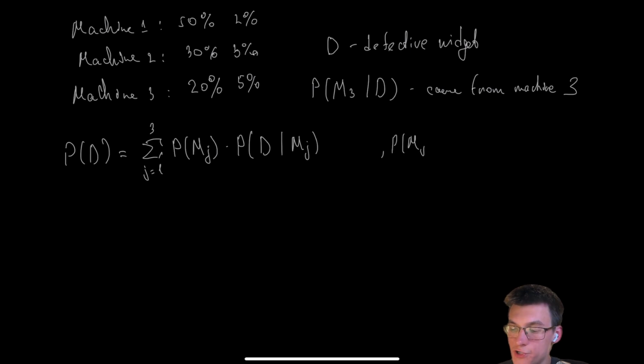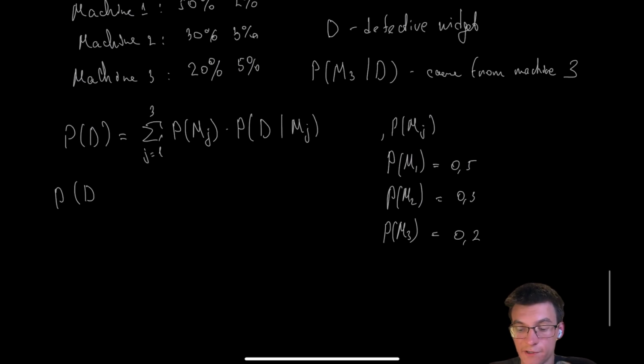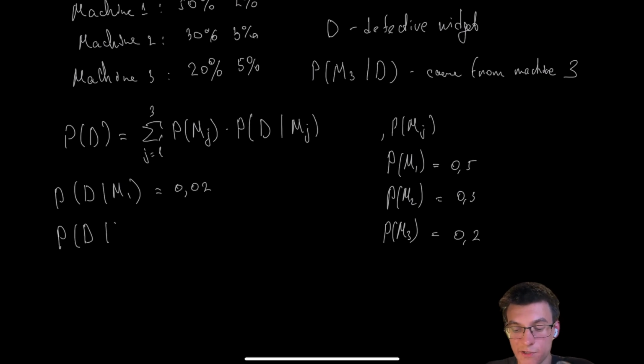P of Mj is the percentage of the output. So for the first machine it will be 0.5, for the second machine 0.3, for the third machine 0.2. Now the probability of being defective given a specific machine, machine M1, is 0.02. For the second machine it equals 0.03. For the third machine it equals 0.05.